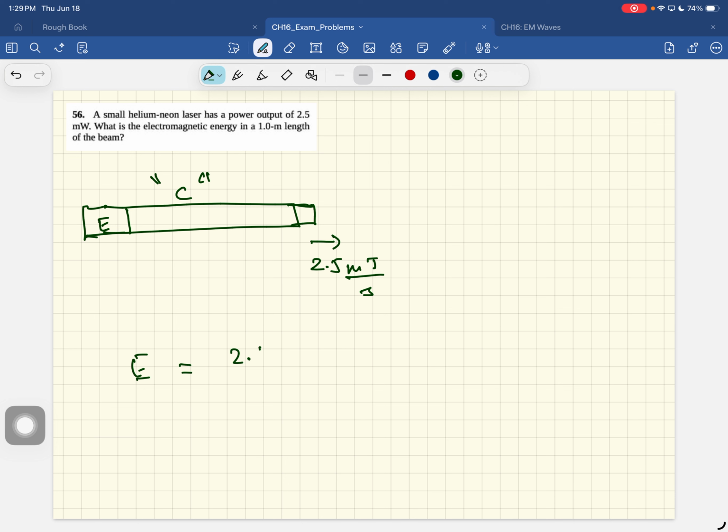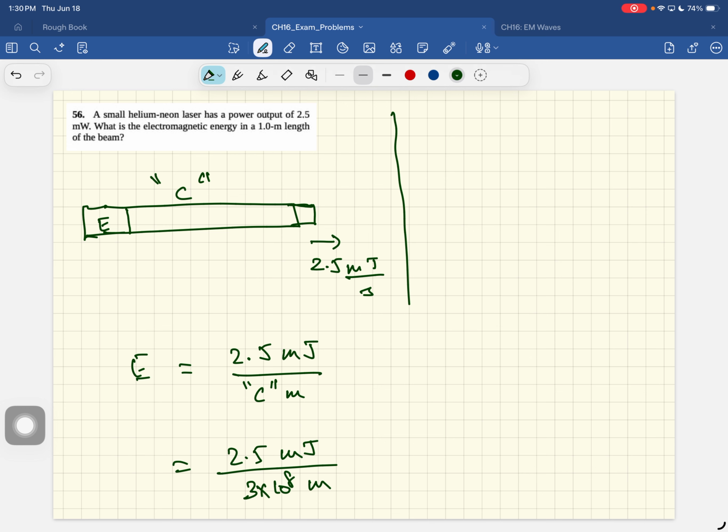The magnetic field is B max, and E and B are related like that. B max will be E over c. So intensity is E max squared over 2 mu naught c.